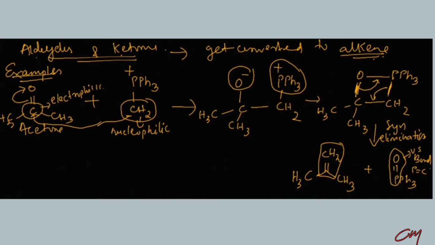Why are we calling it a syn elimination? Because this oxygen and this group, they both are on the same side and they are getting eliminated. So this is syn elimination. If the oxygen is on this side and PPh3 is on this side, then this one is known as anti. Okay, this one is syn.